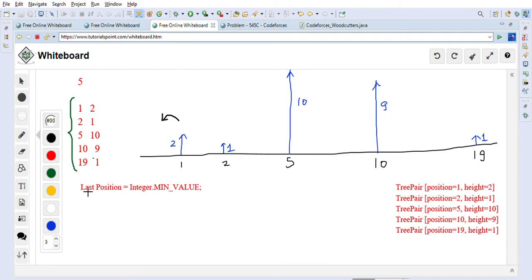First we create one last position variable, assigned as Integer.MIN_VALUE. Whenever we are falling on the left side, we calculate the position: 1 minus 2 is minus 1. So last position will be minus 1 in that case. We check the left side, nothing is there, so we can fall this tree on the left. We maintain a count starting at 0, so we increment the count to 1 here.